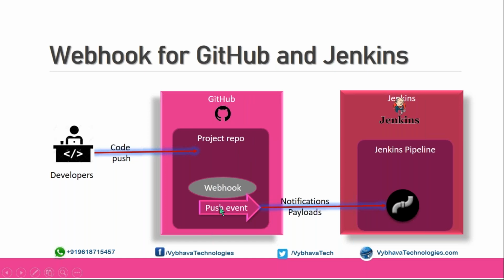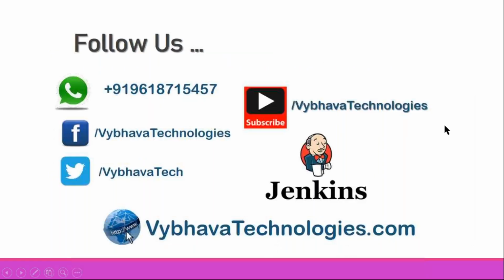The webhook automatically pushes that event, and Jenkins works on that. You can run a pipeline or a freestyle project, any project, and the notification will be sent as a payload. That payload is nothing but the GitHub webhook URL. That payload triggers a notification to Jenkins. So that is the overall summary.